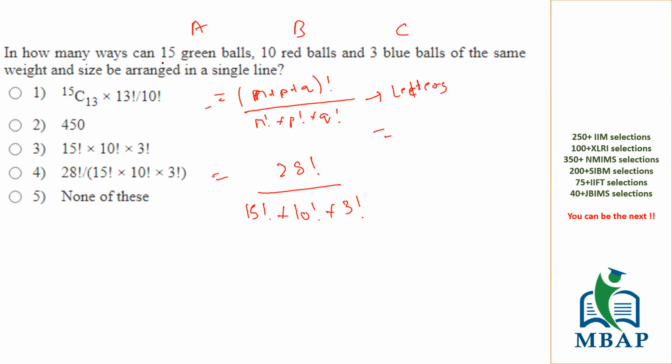What is the total number of spaces? 15 plus 10 plus 3, that is 28. And what is getting repeated? A is getting repeated 15 times, B 10 times, and C 3 times. So 28 factorial upon 15 factorial into 10 factorial into 3 factorial. Always treat your number of balls as a letters question. I hope it's clear.